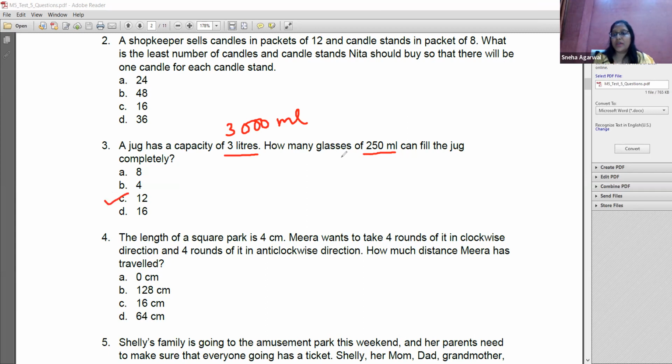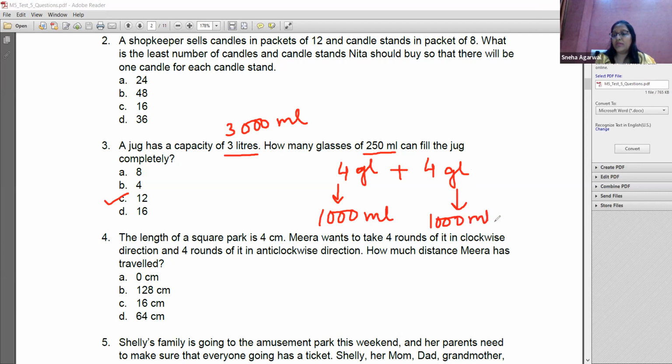Understood now? 4 glasses will make 1000 ml, and you need to fill the jug which is 3000 ml. So after these 4 glasses, you will again need 4 glasses. When you fill 4 more glasses of water in that jug, another 1000 ml gets filled, so this becomes 2000 now, right?